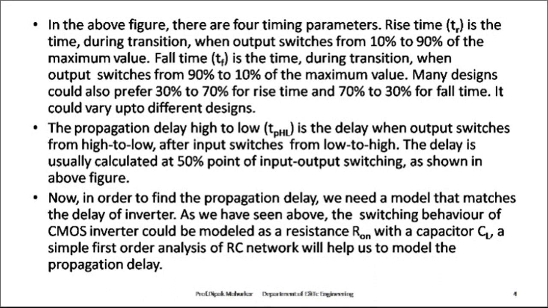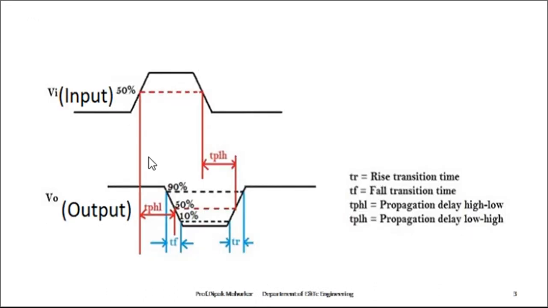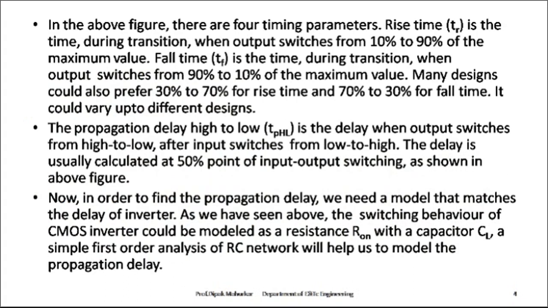See the diagram: the expected output is over here, but the output will occur here. So this is what we call the propagation delay. In short, when we apply the input, the output is expected immediately, but it occurs after a very small delay, in nanoseconds, microseconds or milliseconds. It's called the propagation delay.